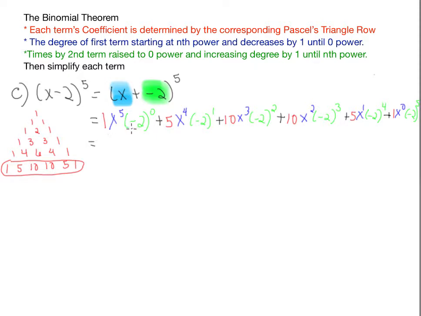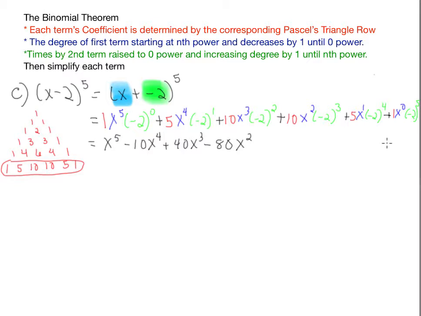All right, let's simplify this down. Our first term will simplify down to x to the 5th. Negative 2 to the first degree is negative 2, times 5 gives us negative 10x to the 4th. Negative 2 squared is positive 4, times 10x to the 3rd gives us 40x cubed. That gives us negative 8 times 10x squared, negative 80x squared.